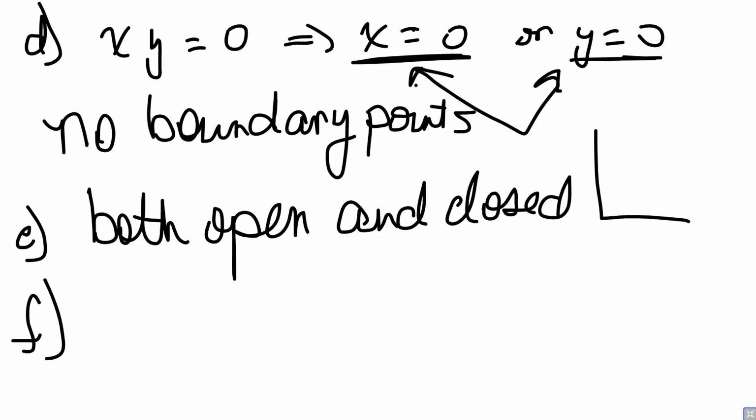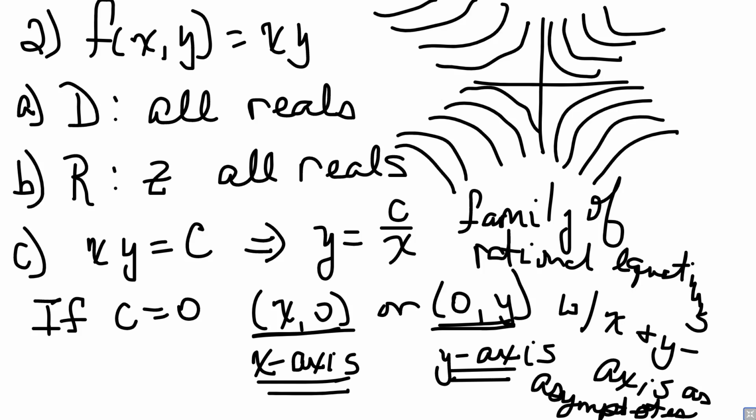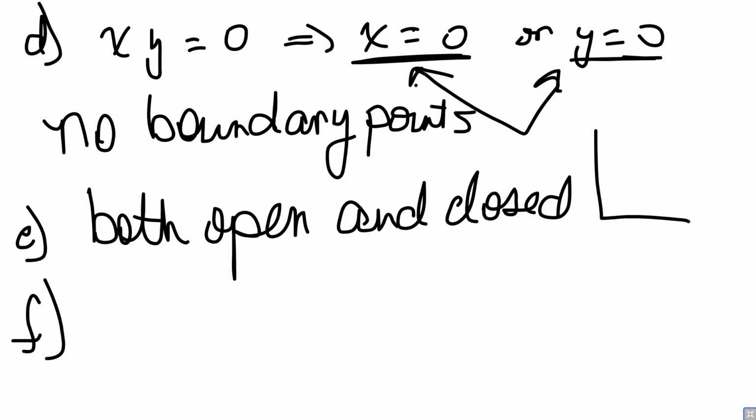Okay. And then part F, is it bounded or unbounded? Well, if you look at this region expanding out, it's not able to be encompassed in a circle. So it keeps expanding out, which makes it unbounded.